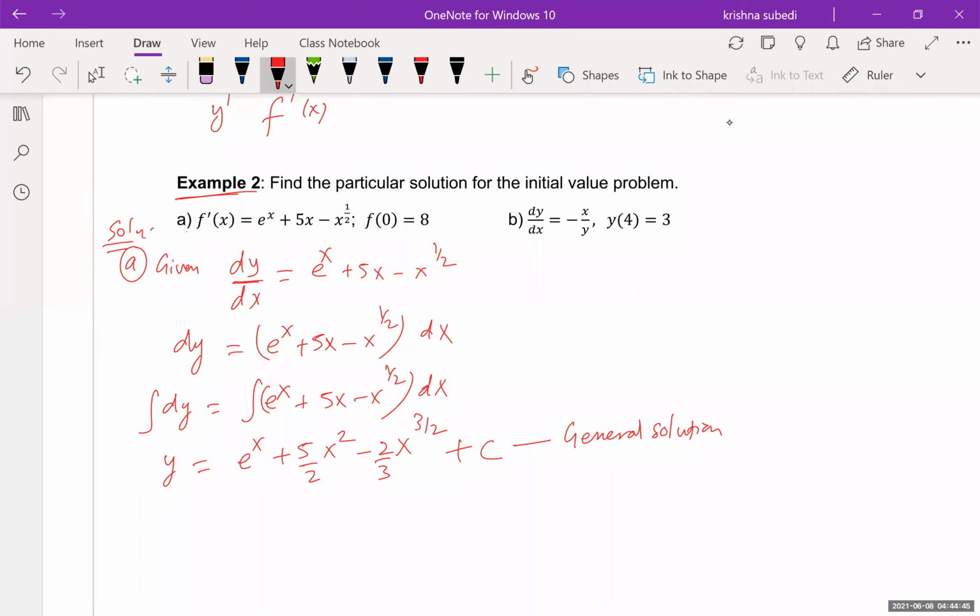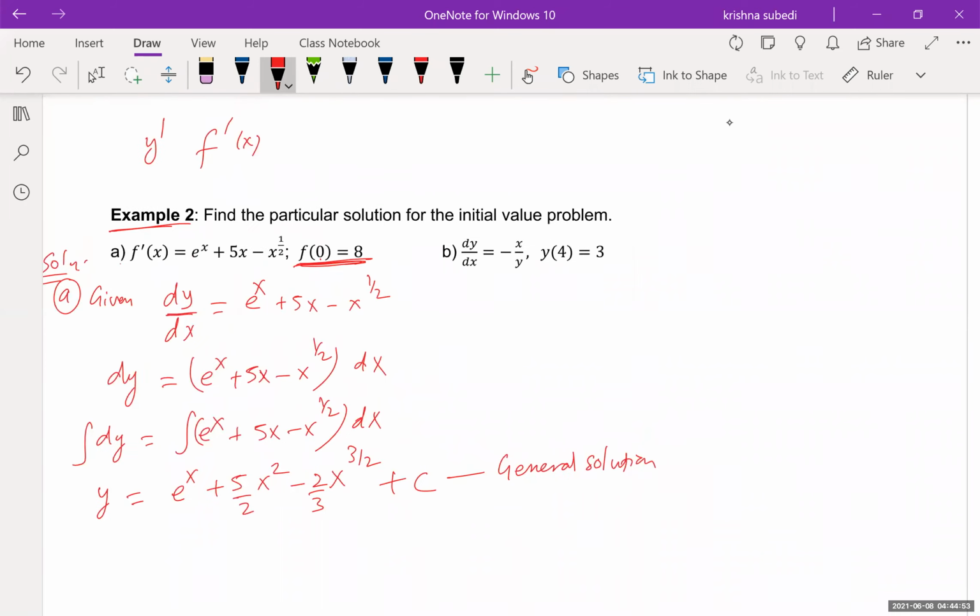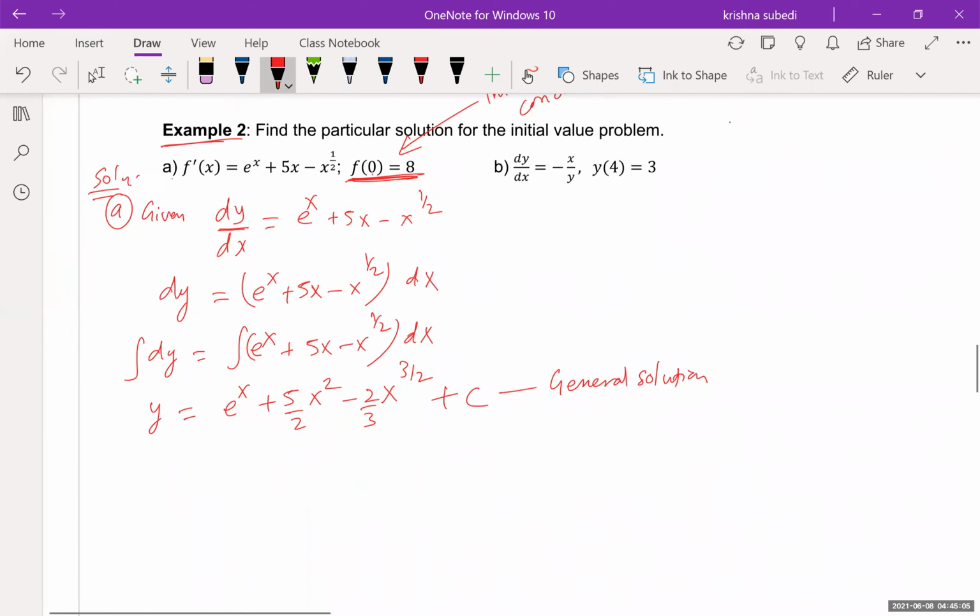Now, in this example 2, one extra thing is given. This f of 0 equals 8. We call this initial value condition. Okay, so an initial value condition is given.